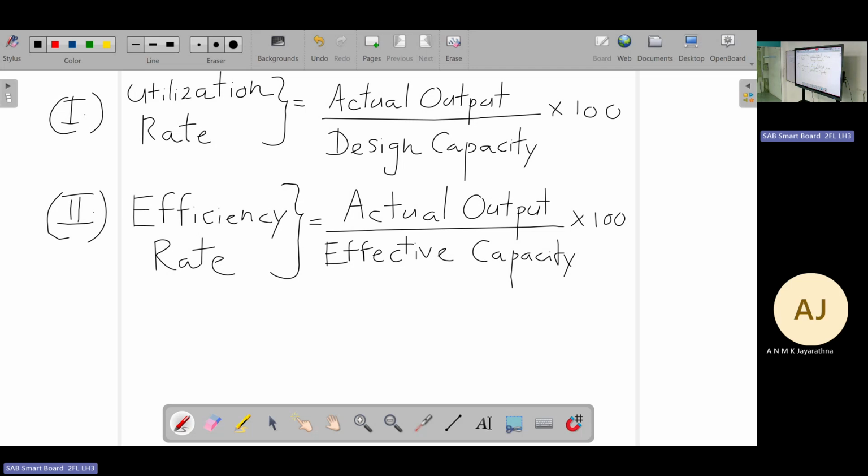Right, okay. What is the effective capacity? First, you need to identify the effective capacity. It is 1,750. Right? Then what is the utilization rate? Then the efficiency rate?